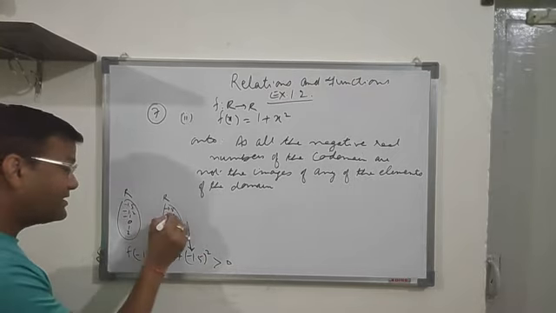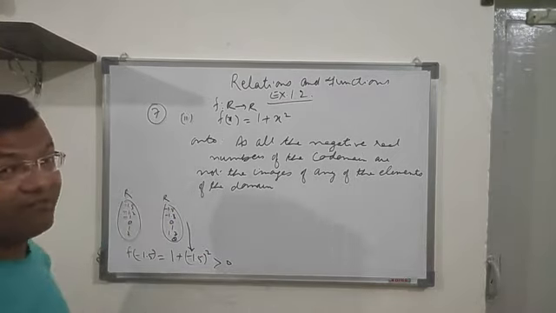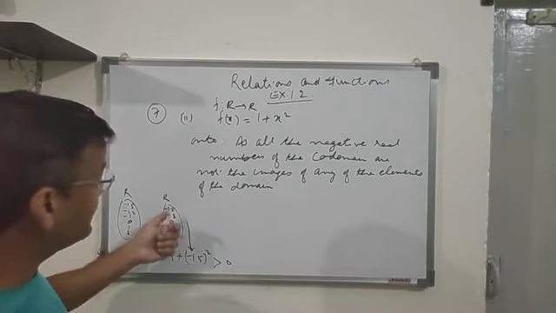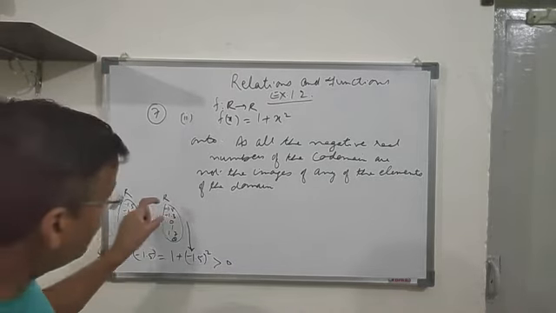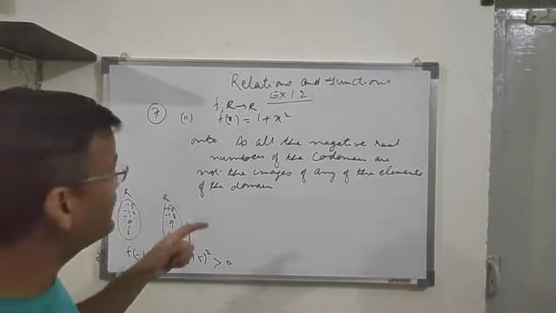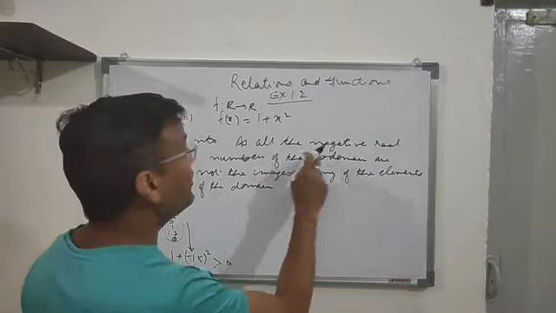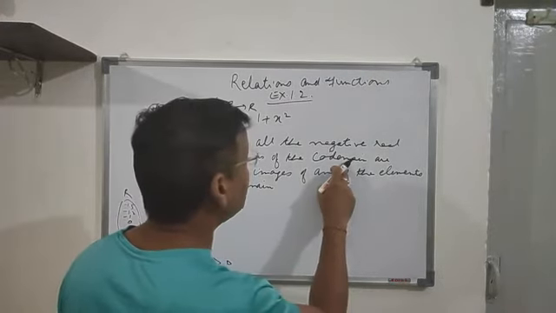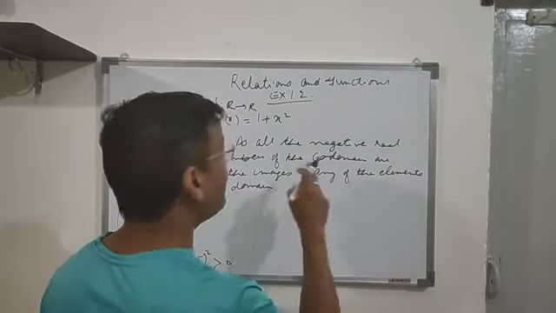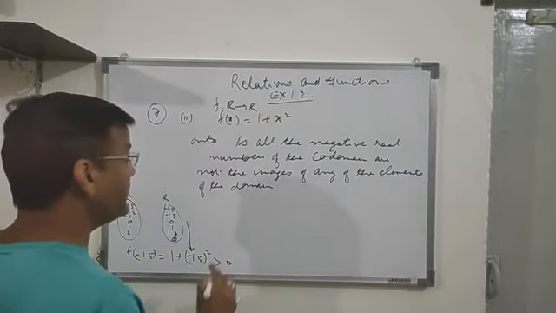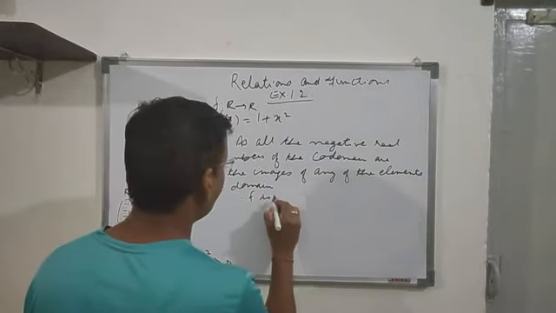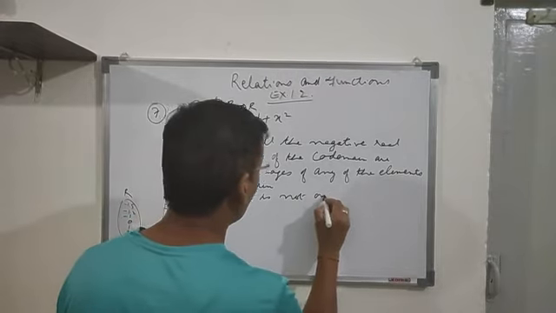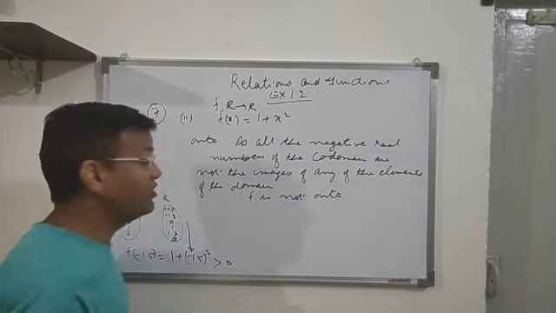But that means the elements which are negative real numbers in the codomain will remain unassociated. Therefore, we have written that all the negative real numbers of the codomain are not the images of any of the elements of the domain, therefore f is not onto also. F is not onto.